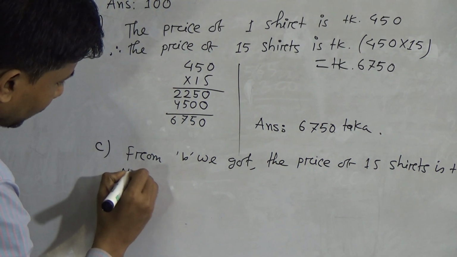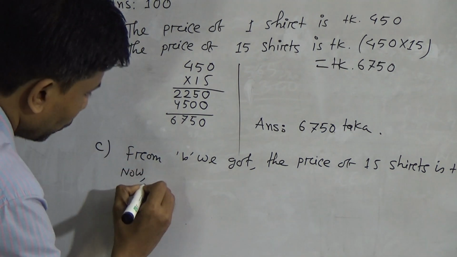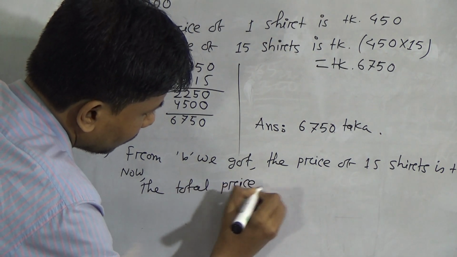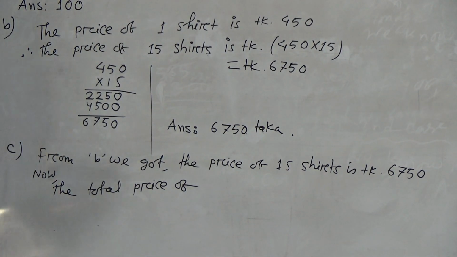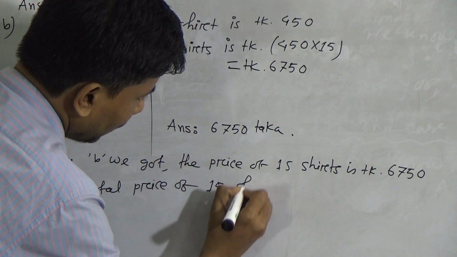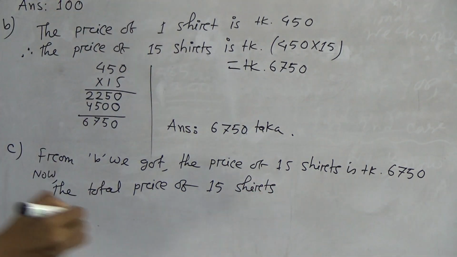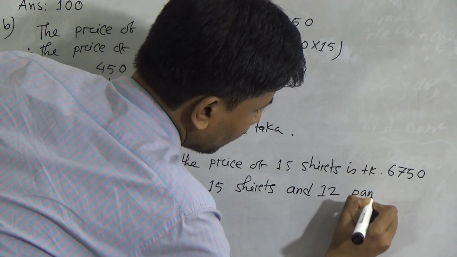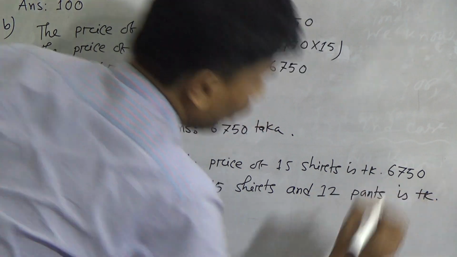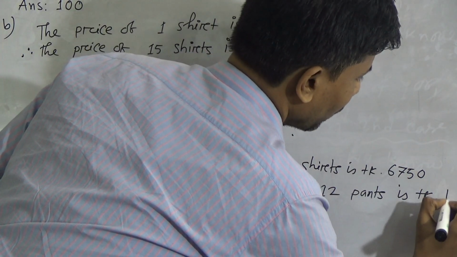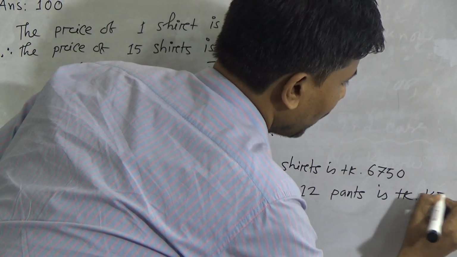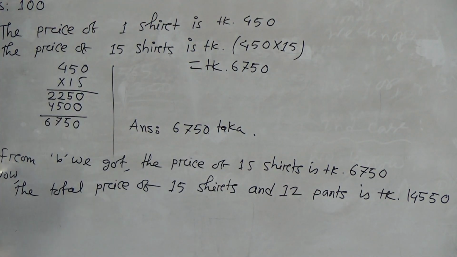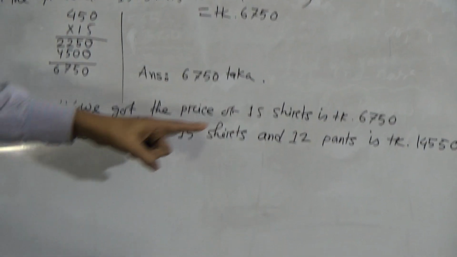Now write the total price of 15 shirts and 12 pants is taka how much? 14,550. Okay, 14,550 taka.